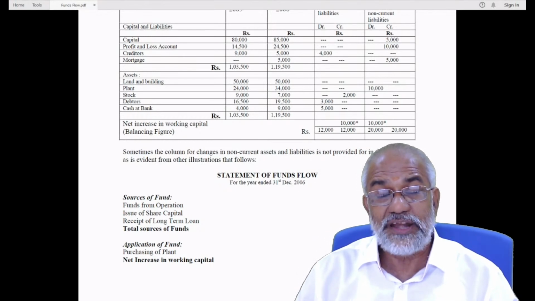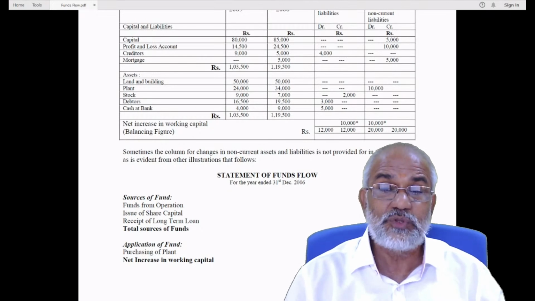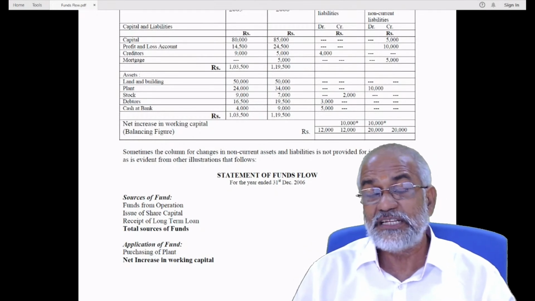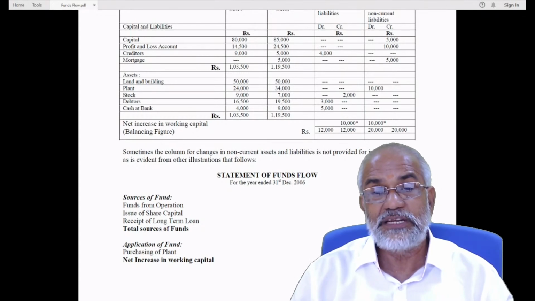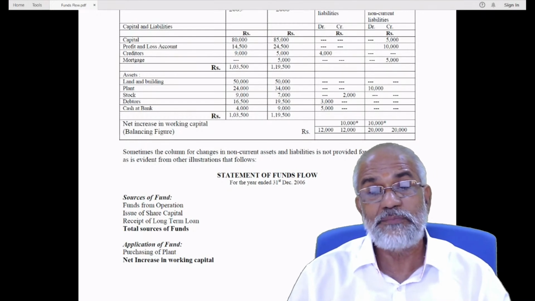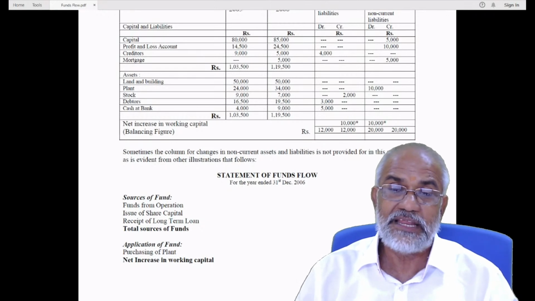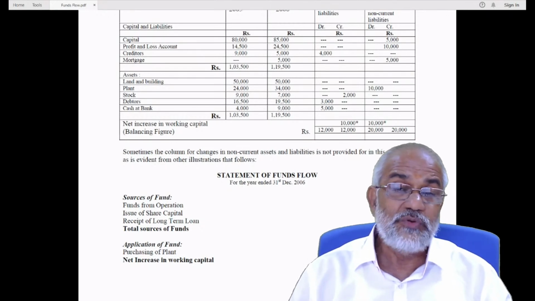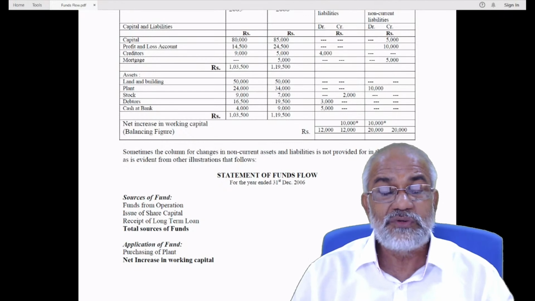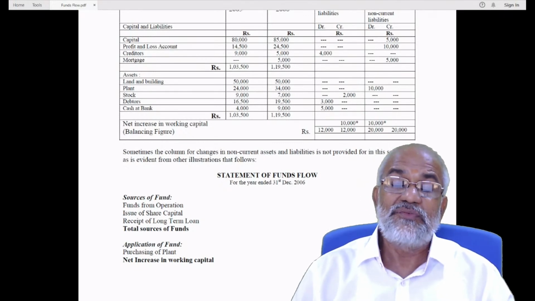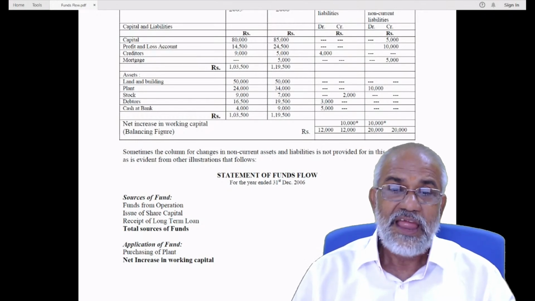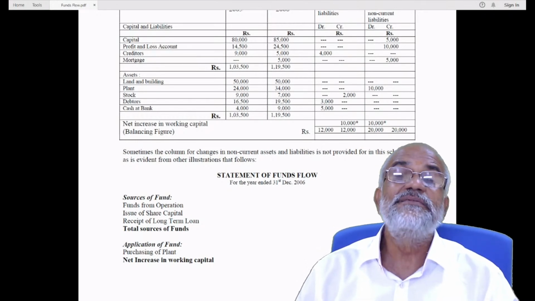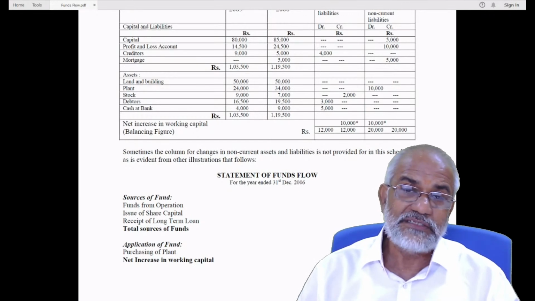And that 2,400 of depreciation must have been credited to the plant and machinery account, because when depreciation is written off on plant and machinery, the entry would be depreciation on plant and machinery account debited, plant and machinery account credited. So obviously that 2,400 amount will appear on the credit side of the plant and machinery account. When you balance the plant and machinery account, the credit side would be 34,000 plus 2,400, that means 36,400, and the debit side would be 24,000.